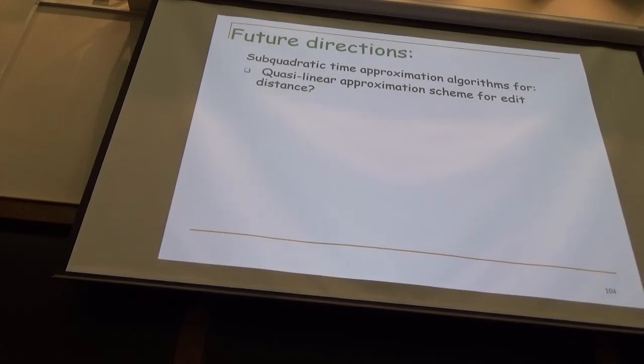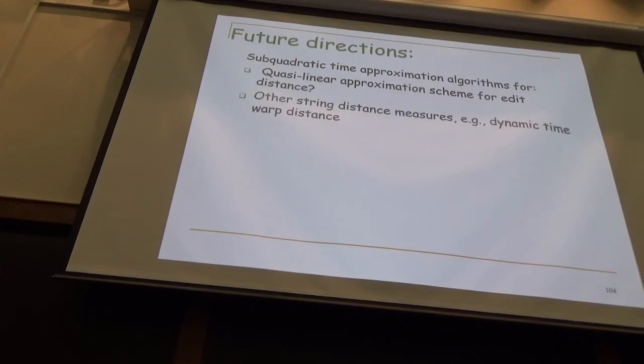So you could get what would be called a quasi-linear approximation scheme, or even n times polylog. At the moment, with our algorithm, as you reduce the time to n to the 1 plus epsilon, the constant factor approximation grows with epsilon. It's not clear that that's absolutely necessary. It seems to be necessary in the algorithms we have.